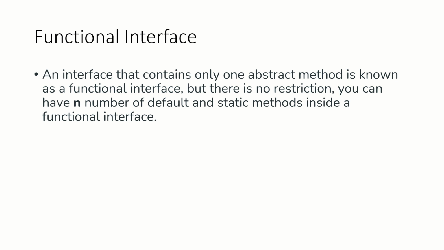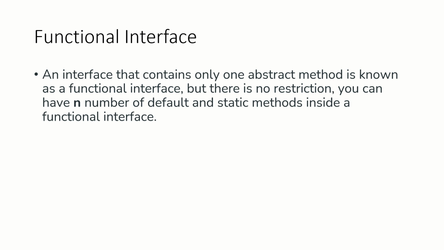But please note that there is no restriction: you can have any number of default and static methods inside the functional interface. So when we define or explain the functional interface, we only touch this part, that a functional interface is an interface that contains a single abstract method, but we don't discuss the default and the static methods.